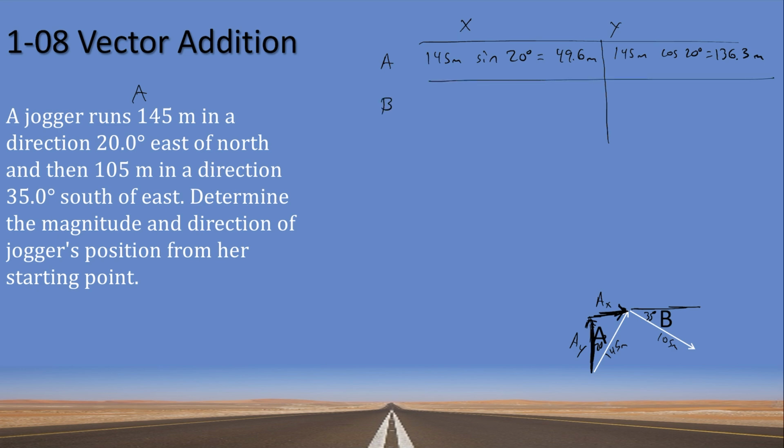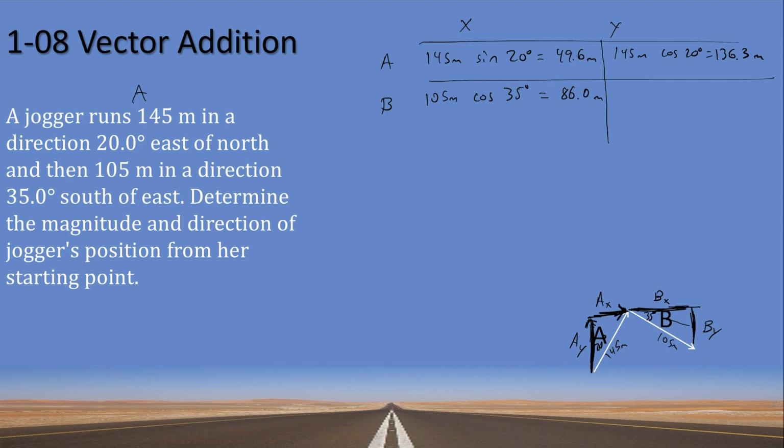Vector B. The x component is adjacent to this angle. So since it's adjacent to this angle, I would use cosine of 35. Put that in my calculator, get 86.0.